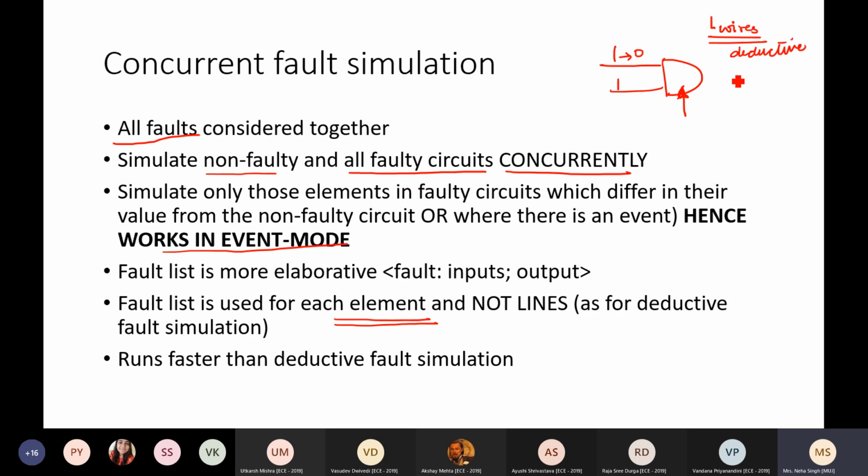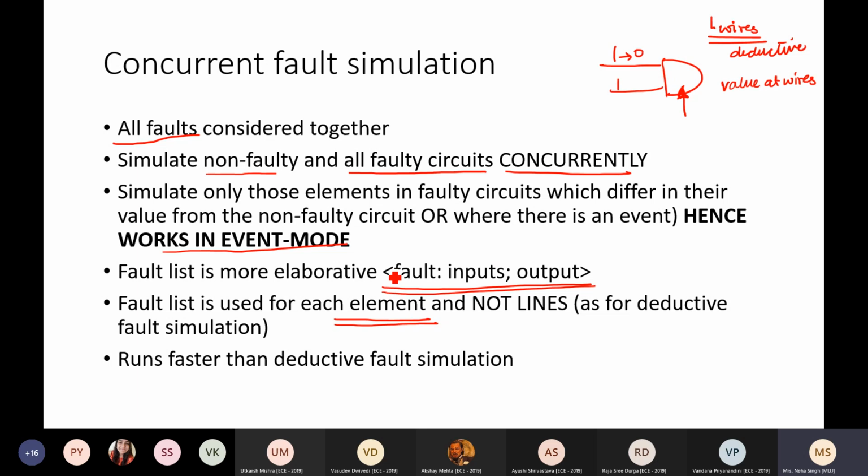Another difference between deductive and concurrent fault simulation is that when we were writing the fault list for these wires, we were only considering the value at those wires. So my fault contained only the information about the faulty value at that particular wire. Whereas in the concurrent fault simulation, my fault is quite elaborate. So more memory will be required to store this fault, but the overall memory space required will be reduced due to the number of elements used now instead of wires.